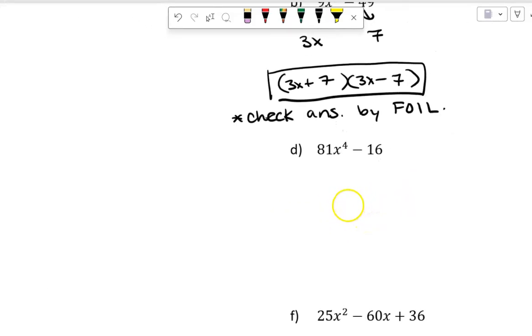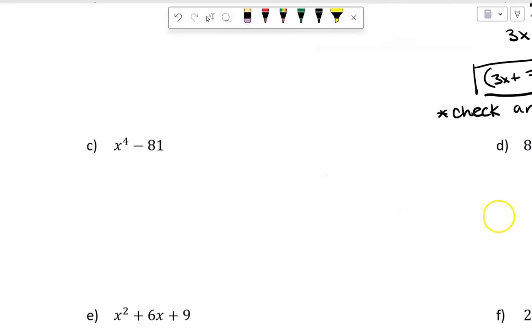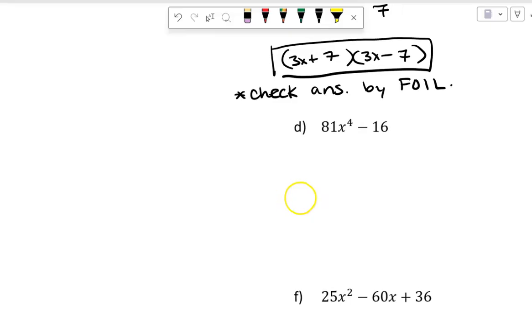I'm going to also do D because it's kind of complicated, and I want you to pay attention to how I do D because it's very similar to C. So this is also a difference of squares, but the problem is we see x to the 4th. And that's okay though, because you can still take the square root of x to the 4th. The square root of 81 x to the 4th is 9x squared.